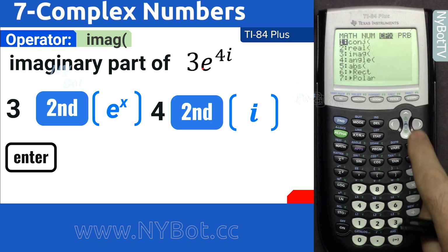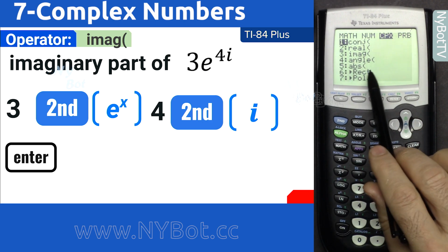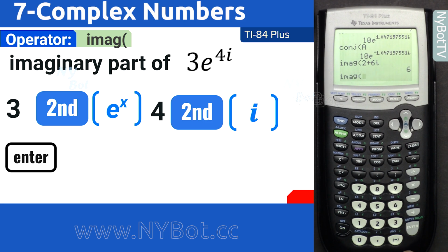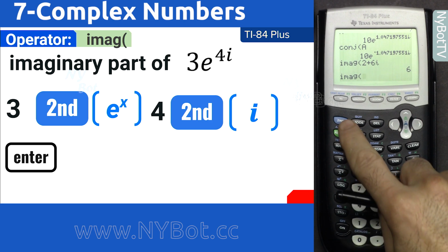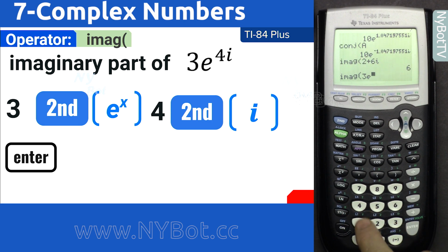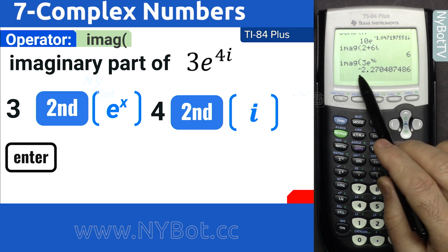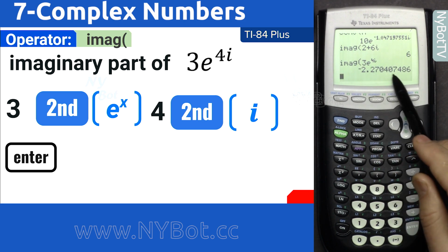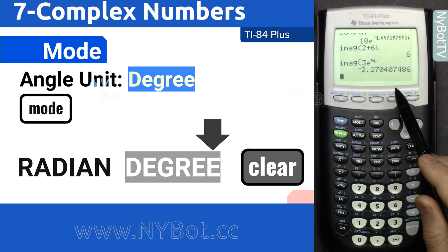Math, complex, and then imaginary 3, second function e, 4, and then second function I, and enter. We got the imaginary part, which is the angle minus 2.4.